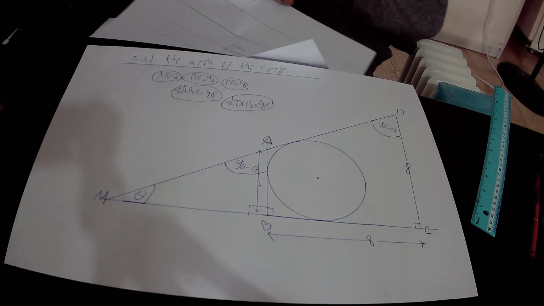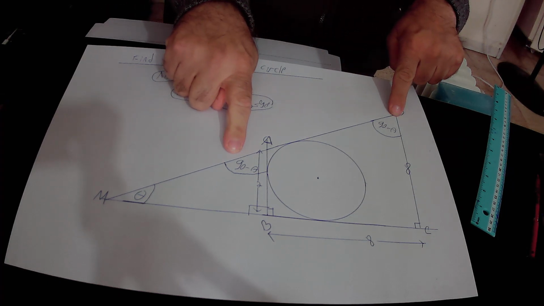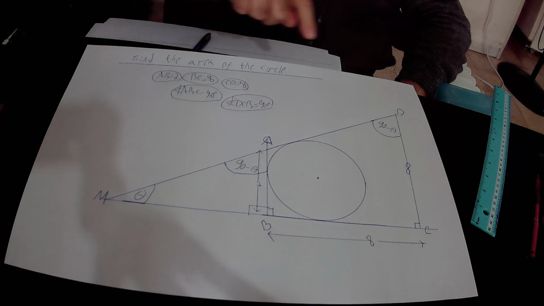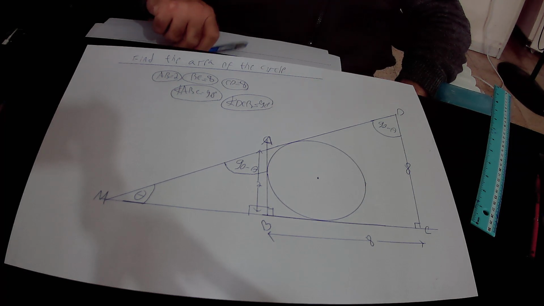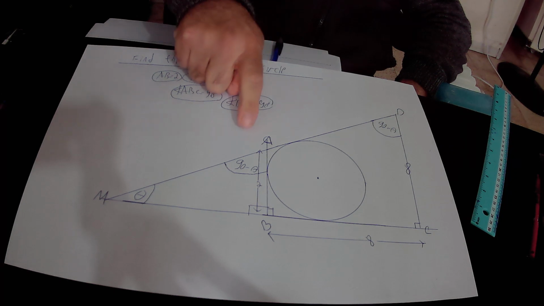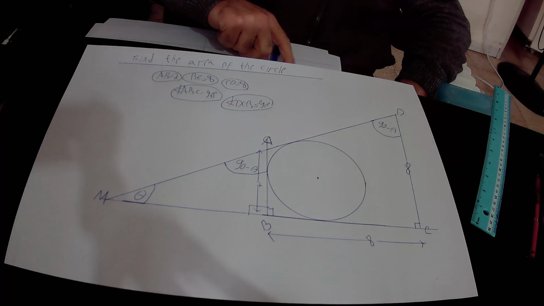And finally, those two angles are both equal to 90 degrees minus theta, therefore they are equal to each other. So this is angle MDC, the big triangle. And it is equal to this angle, that is actually angle MAB in the small triangle.